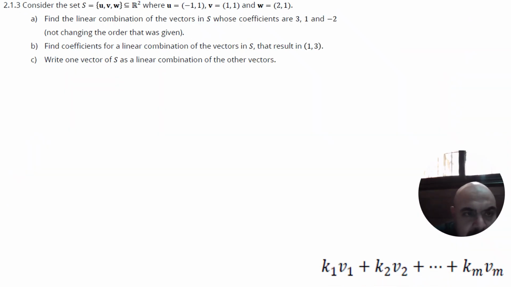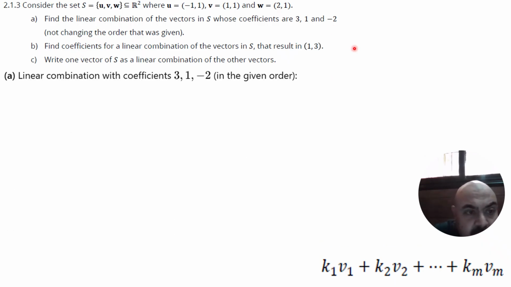Also, for this problem, which is 213, one of the very nice problems, he's giving you S, which is u, v, and w. He gave you u as negative 1 and 1, v as 1 and 1, w as 2 and 1. Those are three vectors, and he is asking you to find the linear combination of the vectors in S whose coefficients are 3, 1, and negative 2, in the same order, which is really very simple.